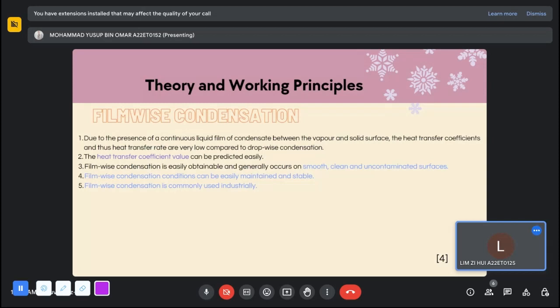Film-wise condensation conditions are very easy to maintain and stable, and it is more commonly used in industry.